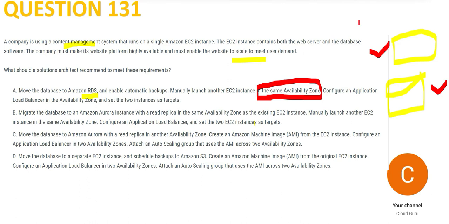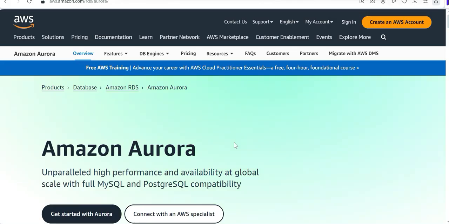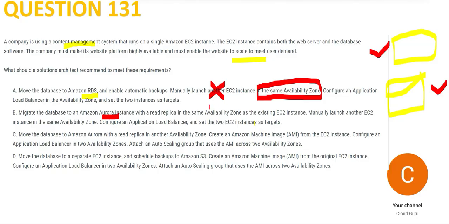Your application goes down. So your application is not highly available with this option. Even with option B, even though we are saying Aurora, which is much better than RDS because it has high availability and high scalability options, a much better managed AWS service, the same availability zone will not make it highly available.